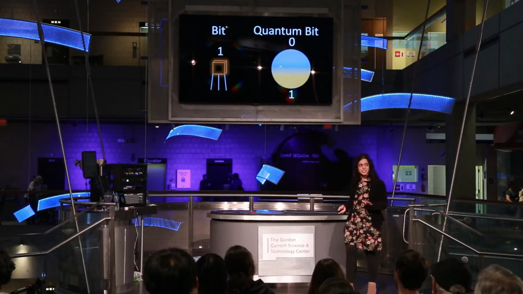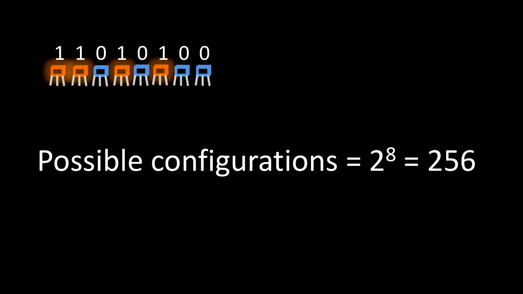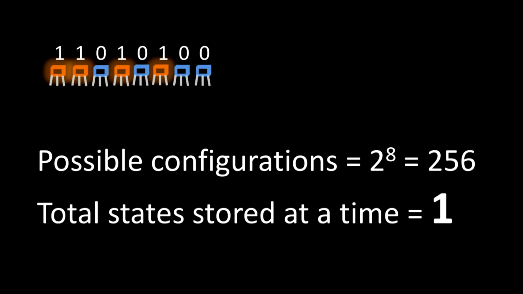To see why that's useful, let's think about having 8 normal bits. We usually call that a byte. Now, how many states can this byte store at a given time? Well, there are 2 to the power of 8 possible configurations of this byte. But at any given time, it can only be in one state.